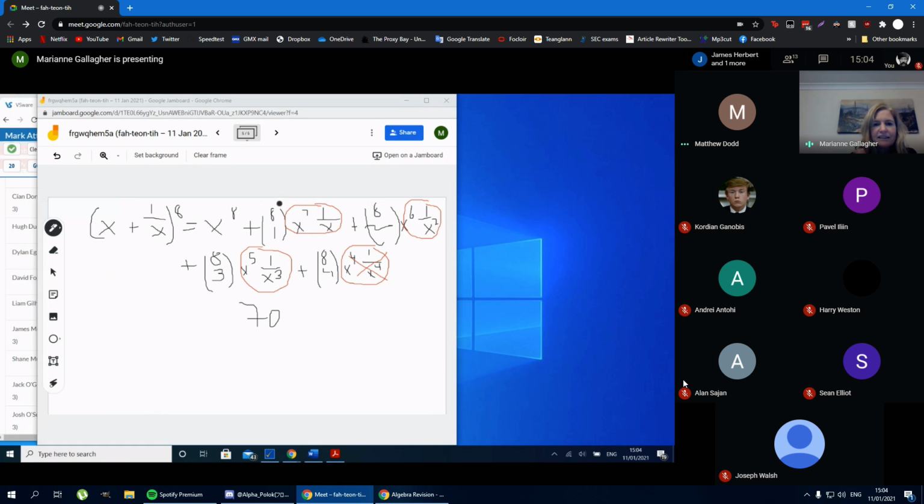So in all of these, this bit is a number, and then this is like x or y or whatever it happens to be. But because there's an x and then there's a 1 over x, at some point they're going to cancel out, and that's your independent term. So it'll only happen when you have an x and then a fraction of x.